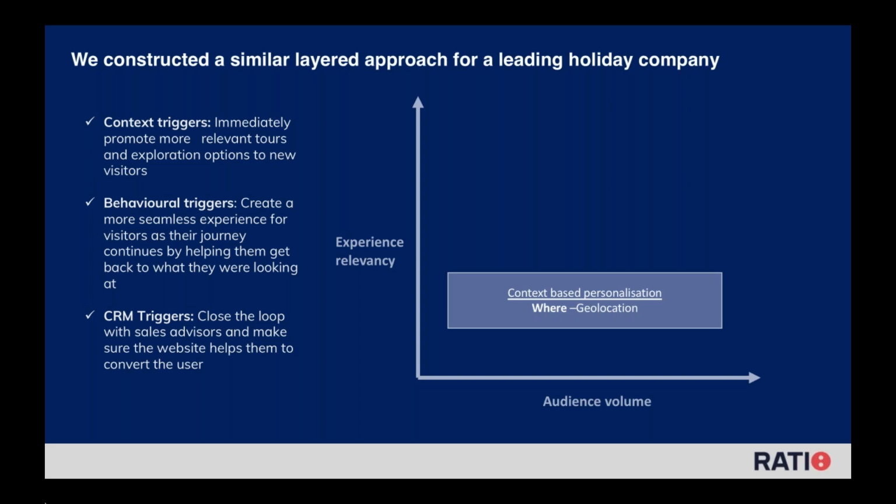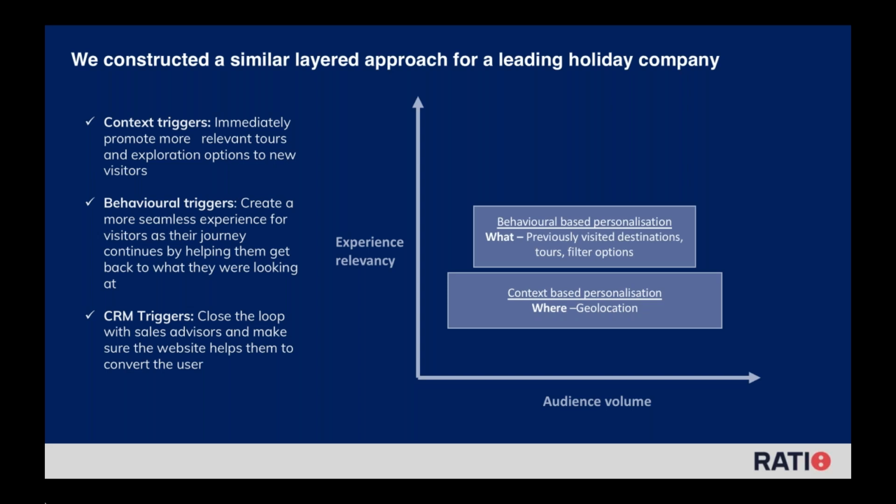So for example, maybe people in the United States are particularly interested in going to Australia, or Australians are particularly interested in going to Europe, and so on. We built in behavioral-based personalization, looking at how when someone has expressed indirectly an interest, or we could infer an interest in a particular destination, we could leverage that in order to refine their experience further the next time they come back to the website.